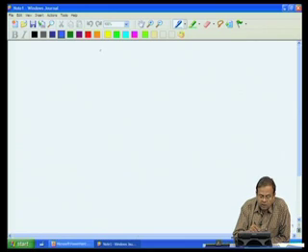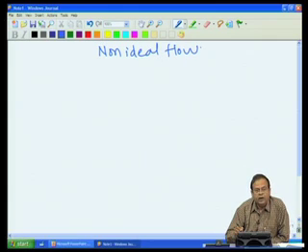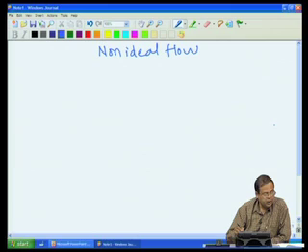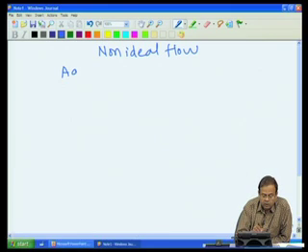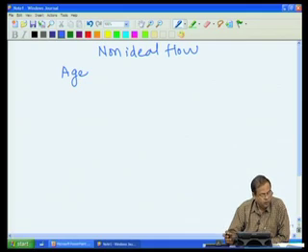So, we start our discussion on non-ideal flow and reactor behavior by defining a few quantities, and the first quantity we define is the age of the fluid element.